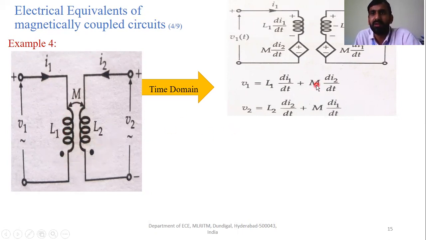So in both cases, the mutual inductance is going to be positive. The M terms in the equation are positive, and the controlled voltage source is also connected in the same manner, plus and minus. So in the left hand side loop, the equation is the same as the first example, and the right hand side loop equation is also the same as the first example. Right?